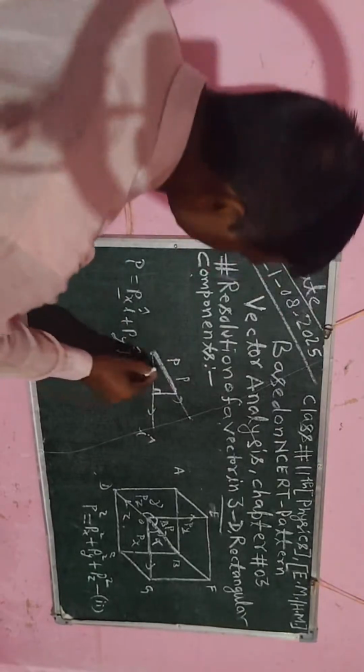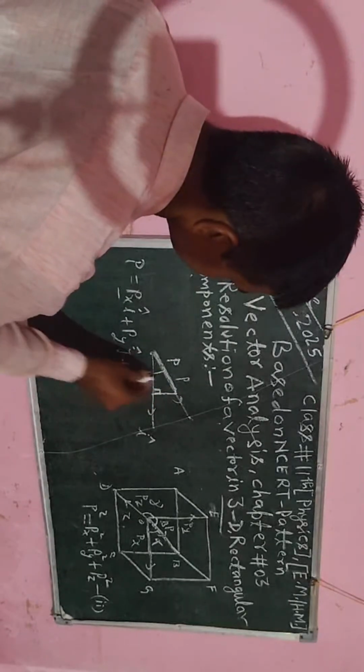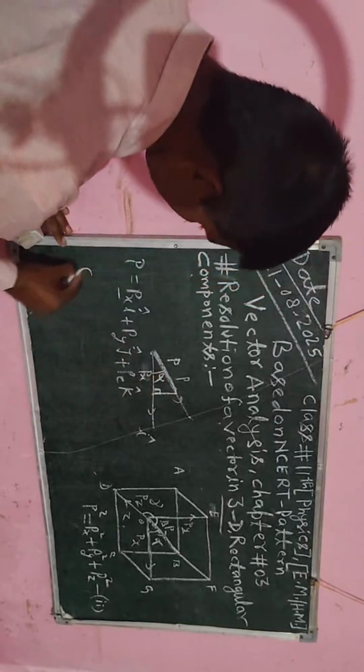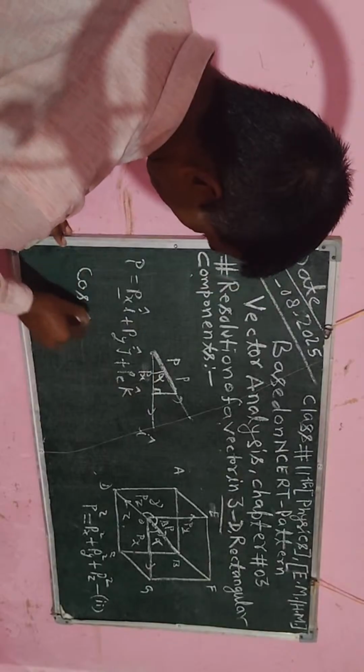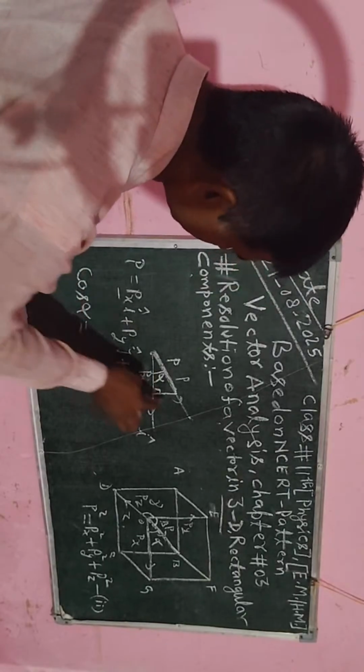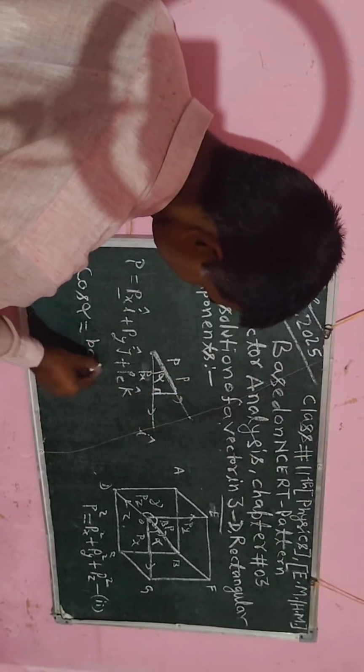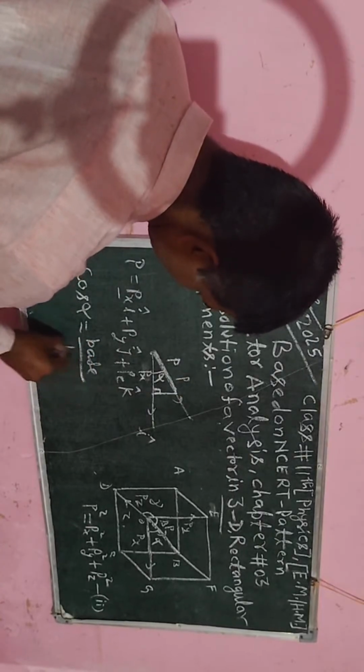Okay. Now, if I say this is the angle alpha, I will use cos alpha. Cos alpha is known as base divided by hypotenuse. So cos alpha equals base divided by hypotenuse.